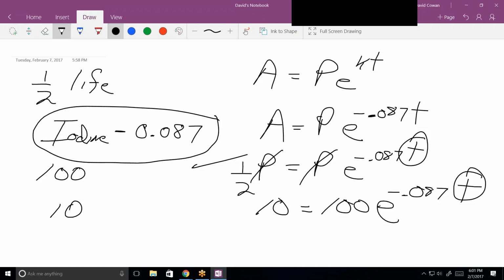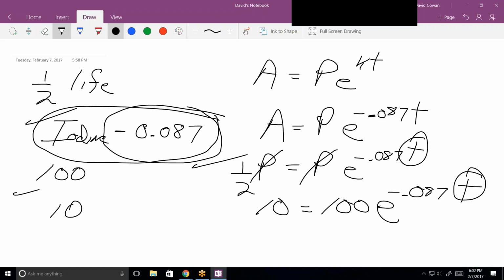And they're two separate problems. In other words, this is not a problem where you have to solve for the half-life in order to be able to solve for this. Once they give you this rate of decay, that's all you need to know. That allows you to solve for the half-life. It also, in one step, allows you to solve for how long it would take to lose 90% of its material.